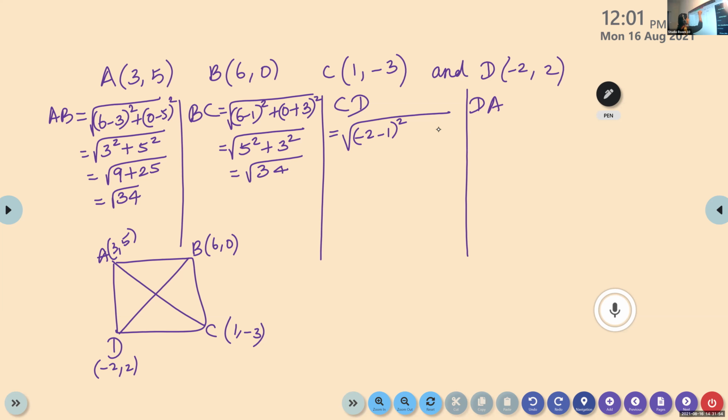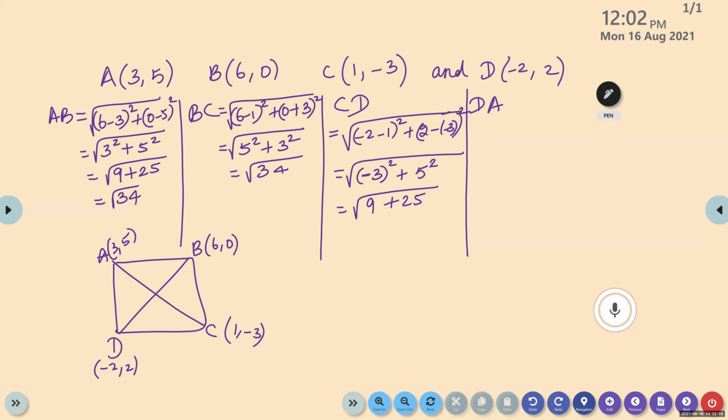Minus of -3 becomes plus, so it is root of (-3) whole square plus 5 square, which is 9 plus 25, equal to root 34. Very good. So Emil, practice it regularly. Next time you should score more marks. Now next, DA.